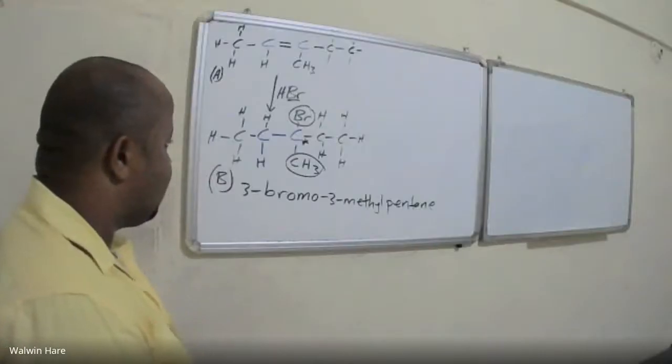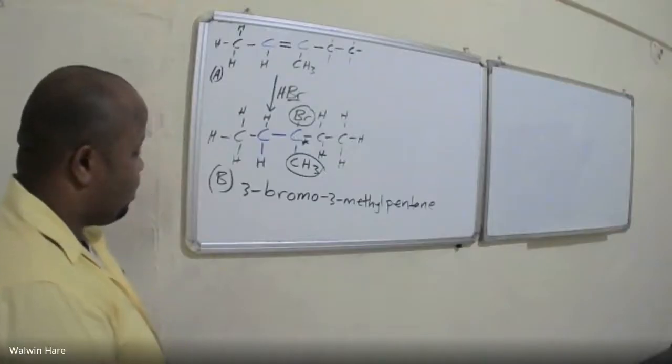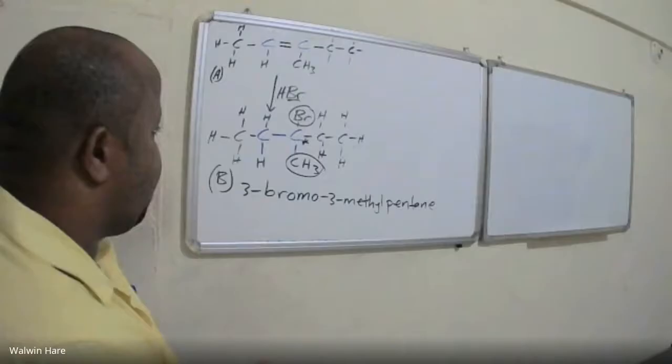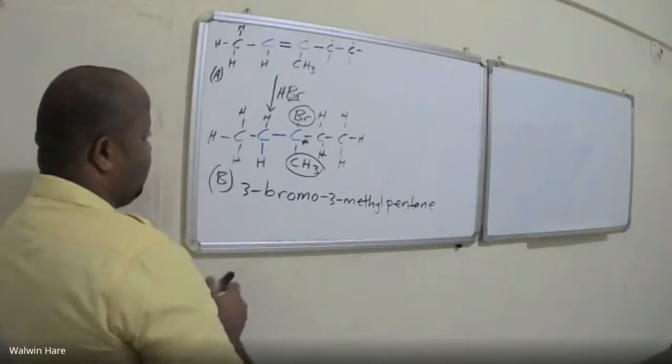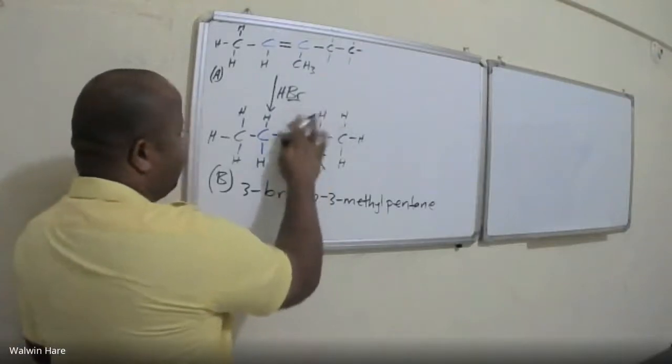SN1. Tell me why you say SN1. Because it's a tertiary carbocation. And how do you know that? Because the carbon that's attached to the bromine has 3 other carbons attached to it. That is correct.